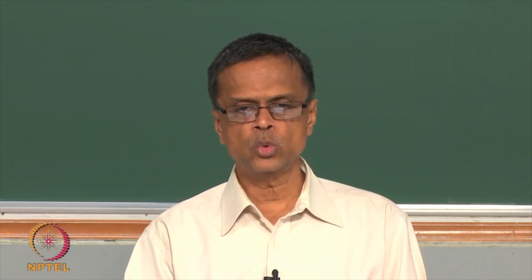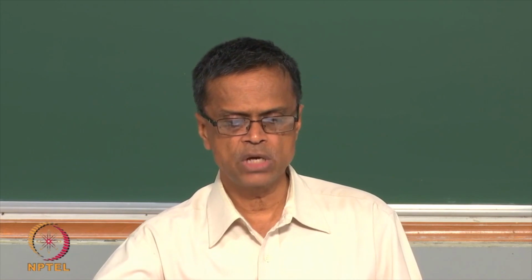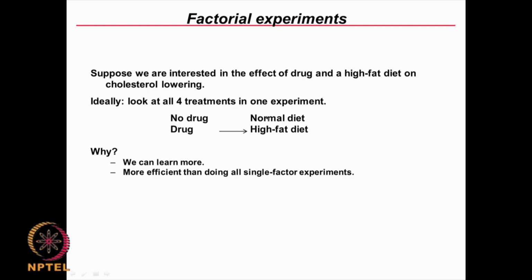This is called a 2-level factorial design because we have two levels, no drug, drug, or normal diet, high fat diet, and we have 2 variables or 2 parameters here. One is the drug parameter, the other is diet, another parameter. So, we will talk about these factorial experiments in the subsequent classes. Thank you very much.